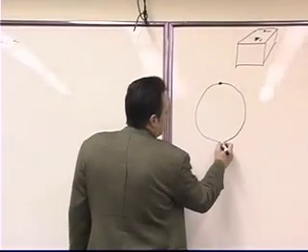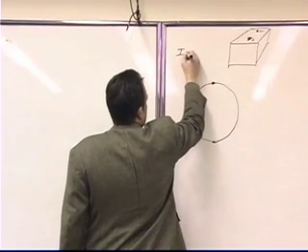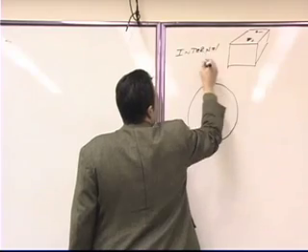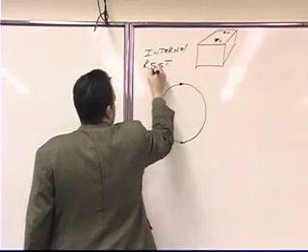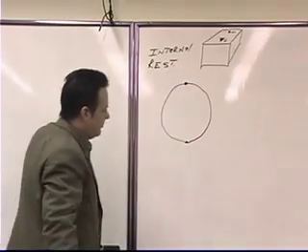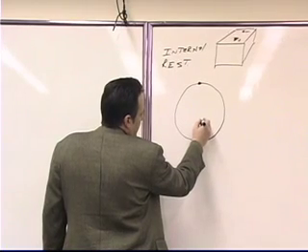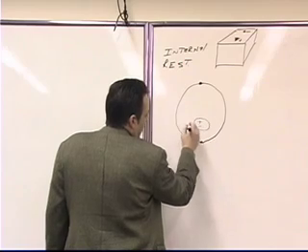Now, what we're focusing on here is internal resistance. The way that we model this is we take a battery that's an ideal battery.